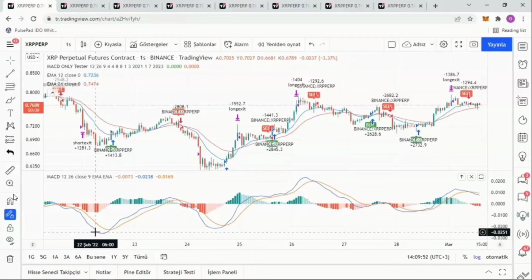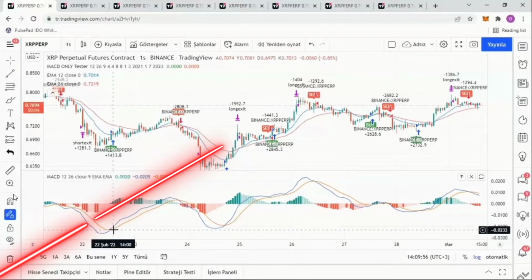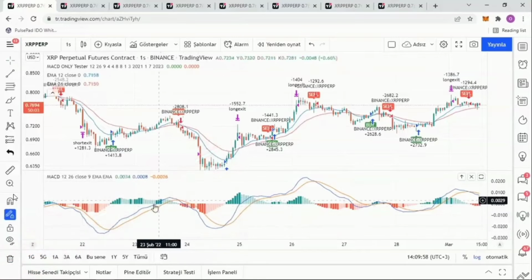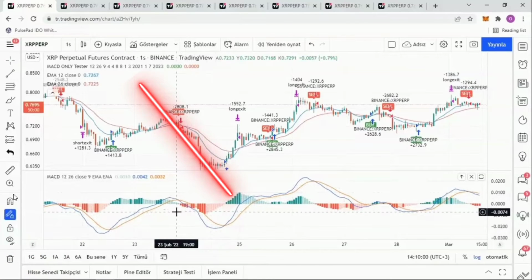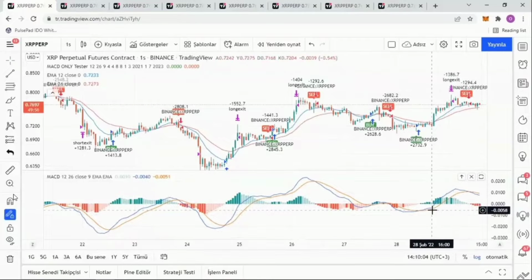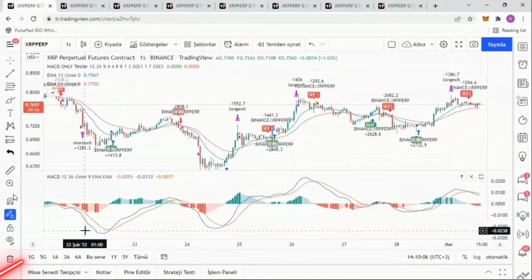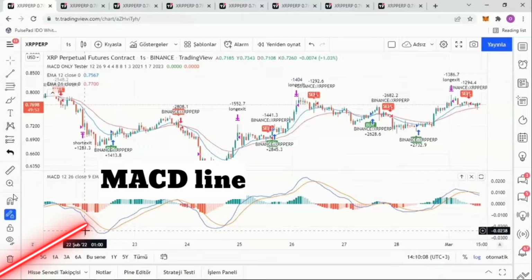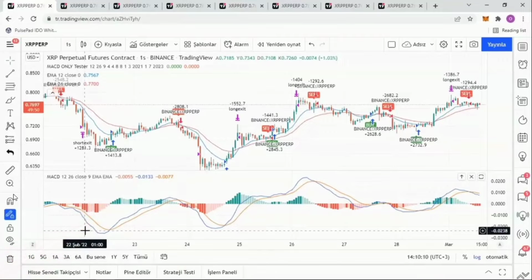When we open MACD, we can see one blue and one orange moving line, green and red histograms, and a zero line which is located at the center of the indicator. The blue line is called the MACD line. This line is created by calculating the delta, the difference between long-term and short-term moving averages.